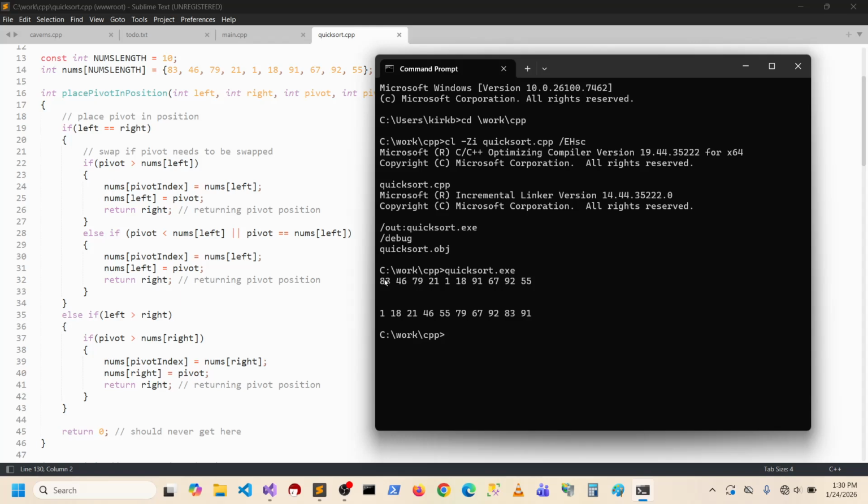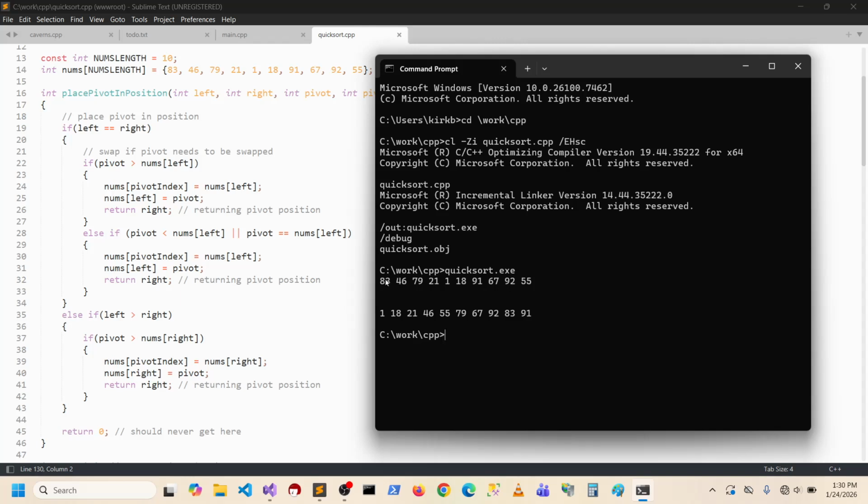It comes back and it sorts left, calls quicksort on left. Right is here, left is here, left is incremented. Or no, 92. Yeah, because this becomes 83.